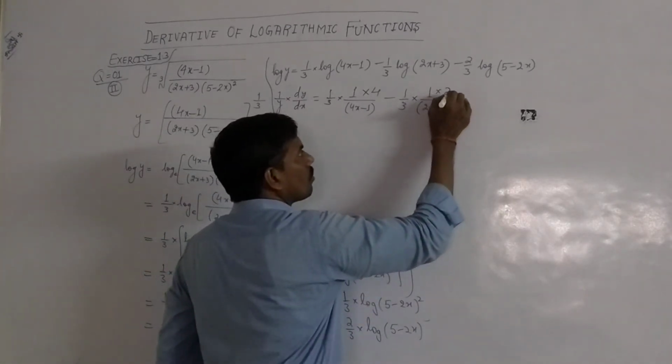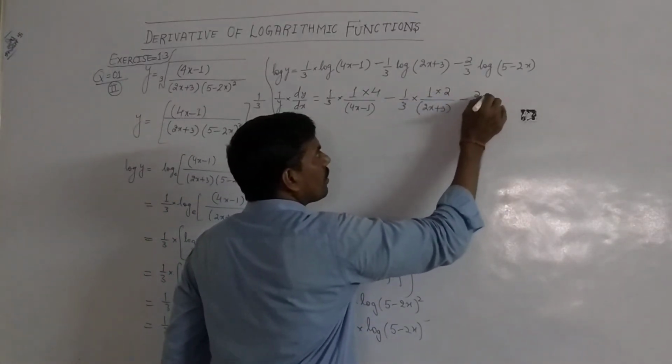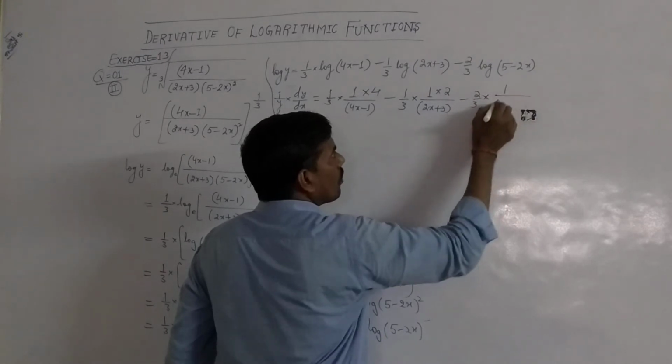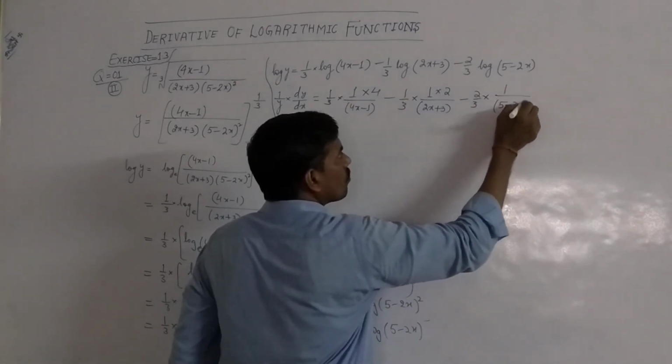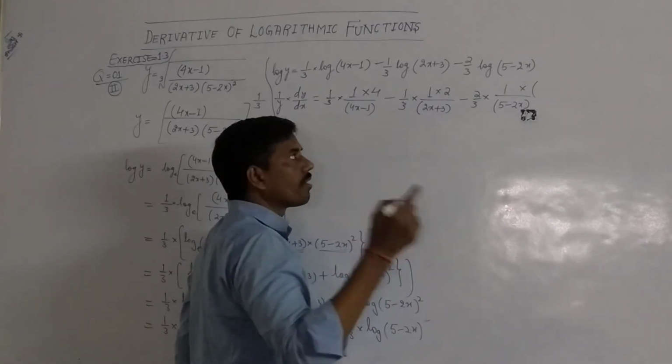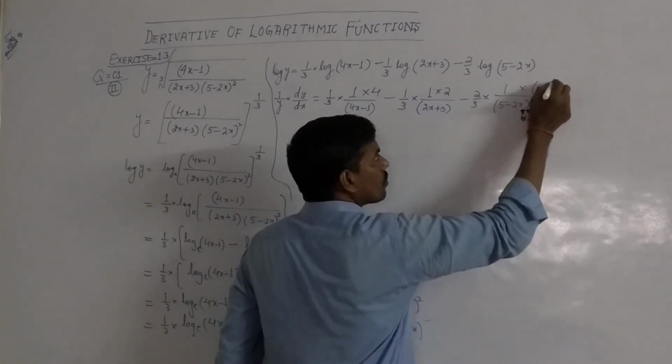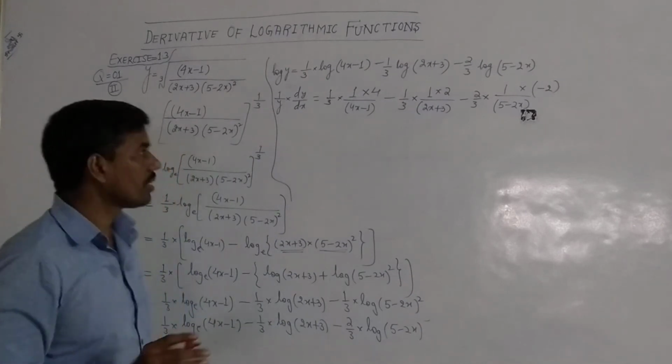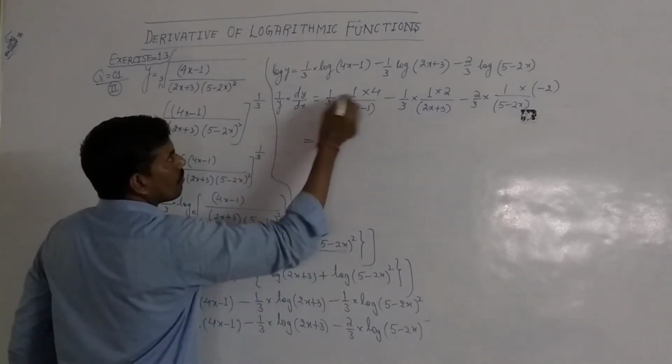So we have 2 minus 2 by 3. Derivative of log x, 1 upon 5 minus 2x into derivative of 5 is 0, and minus 2x is minus 2. Clear?